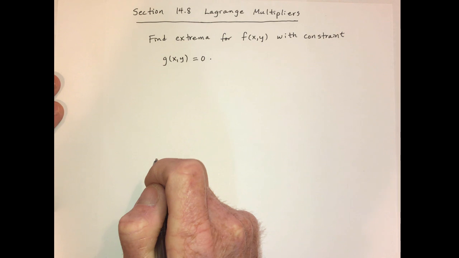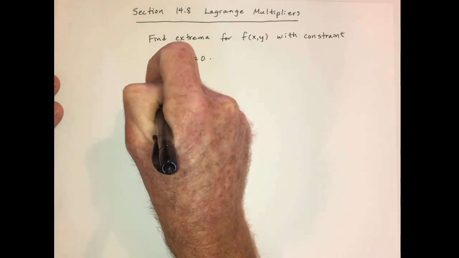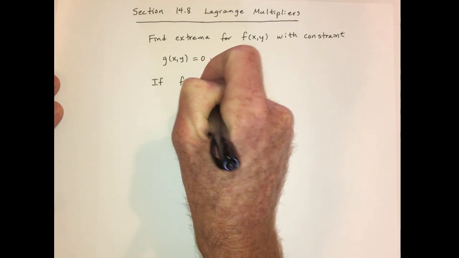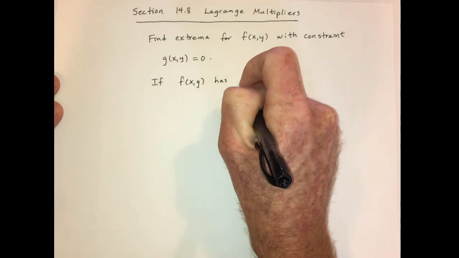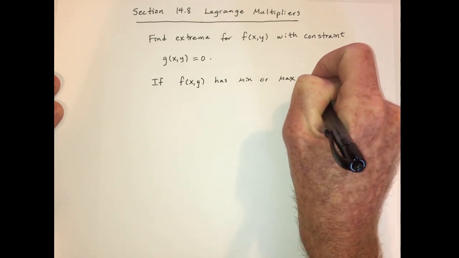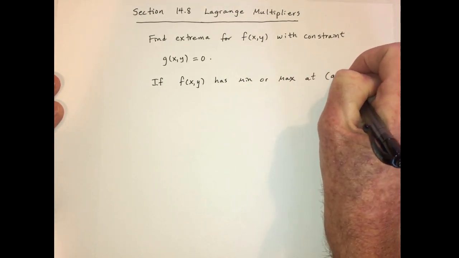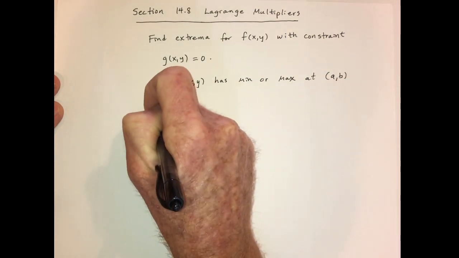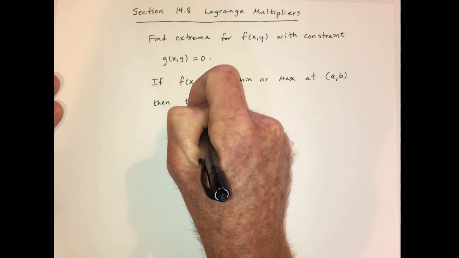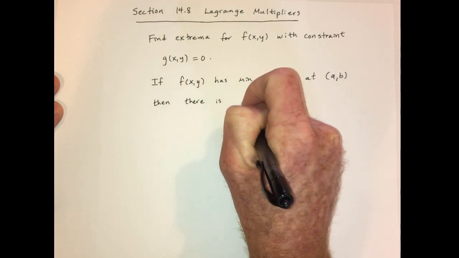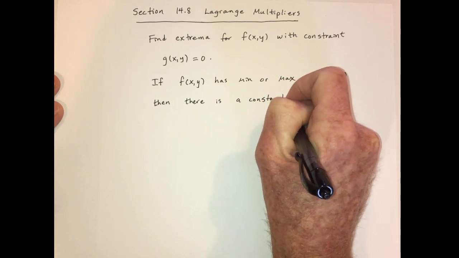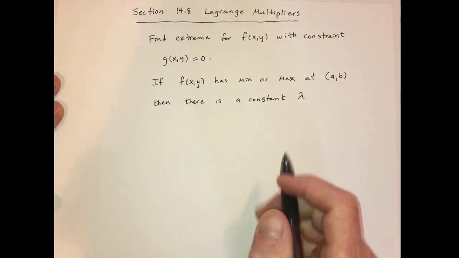So here's what Lagrange's theorem says. If the function has a minimum or a maximum at some particular point, then there is a number, or a constant, and that is called lambda.